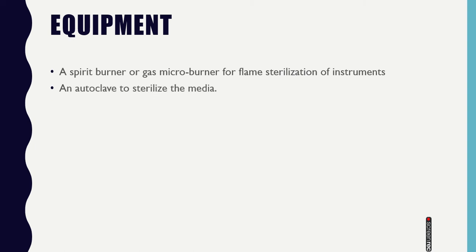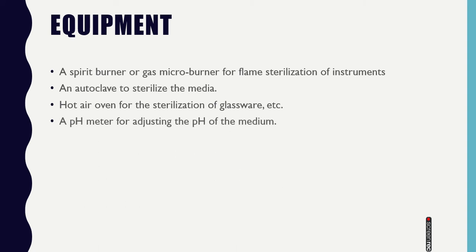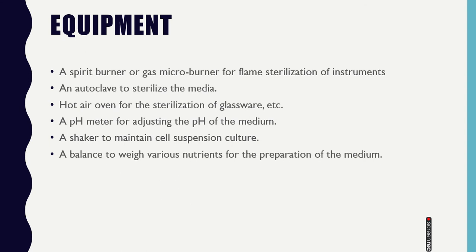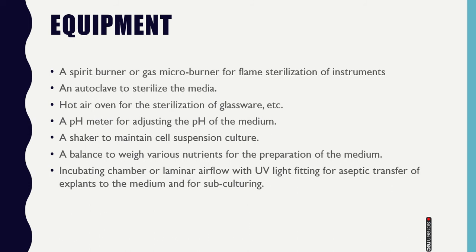Next is an autoclave to sterilize the media, a hot air oven for the sterilization of glassware, etc., a pH meter for adjusting the pH of the medium, a shaker to maintain cell suspension culture, a balance to weigh various nutrients for the preparation of the medium, and an incubating chamber or laminar airflow with UV light fitting for aseptic transfer of explants to the medium and for subculturing.